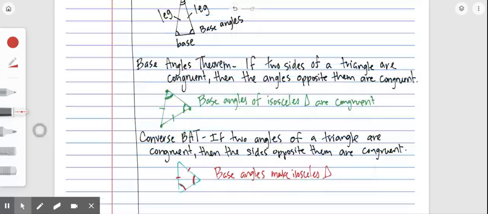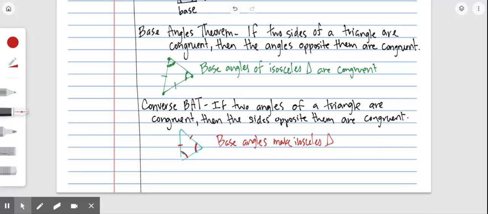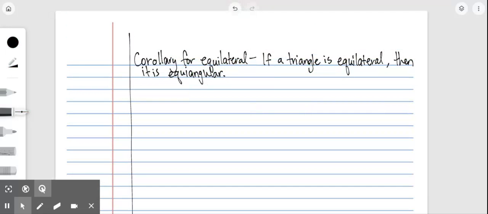Okay, cool. So that's something that we know about isosceles triangles. I'm going to start a new page to tell you what we know about equilateral and equiangular triangles. The first corollary is if a triangle is an equilateral triangle, then it's an equiangular triangle.